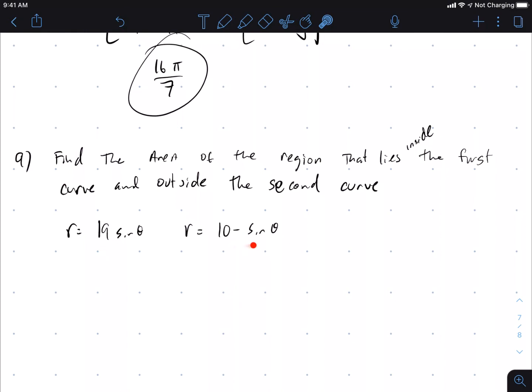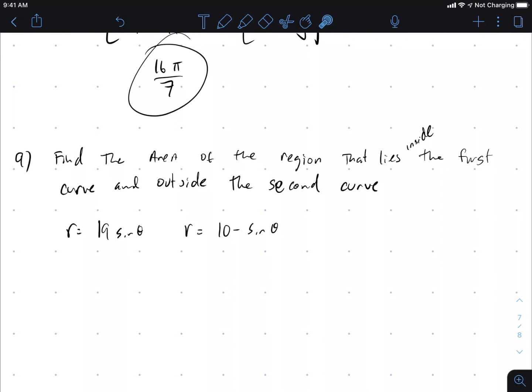What's this one going to be? Negative 10, so isn't that going to be 9? So if this is 19 and this is 9, which is going to be on top of the other? This one's on top, this one's on the bottom. So in order to find the area between the two, it's going to be this minus this. Agreed?